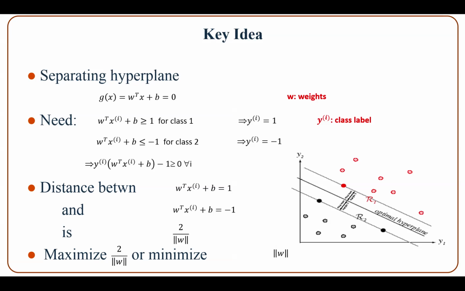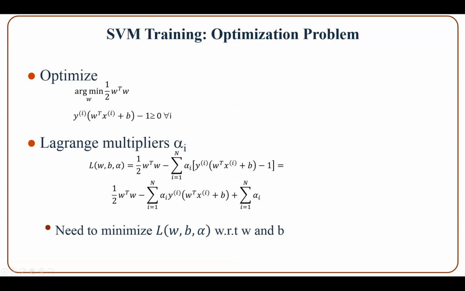We find the separating hyperplane such that its margin hyperplanes are maximally away from each other. So we need to maximize 2 divided by the norm of w, or minimize the norm of w. And that comes the optimization problem.